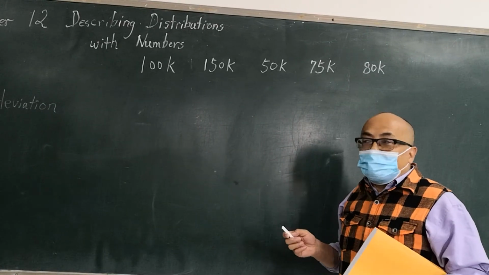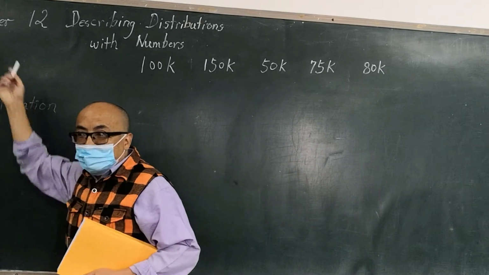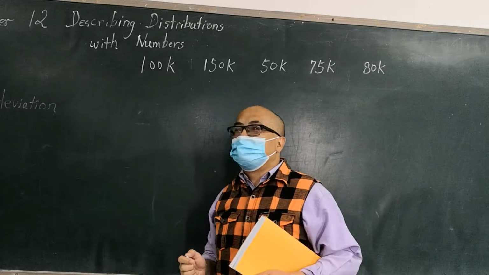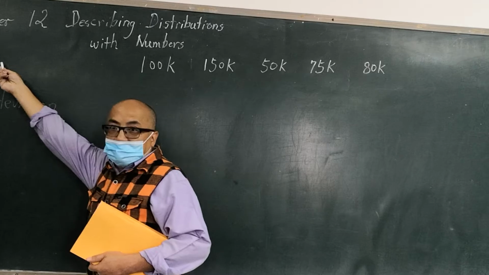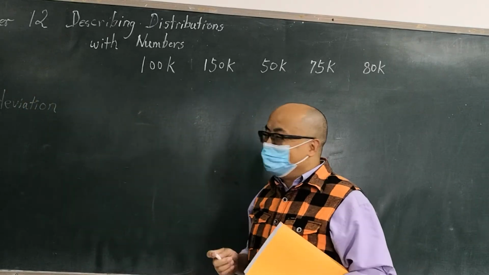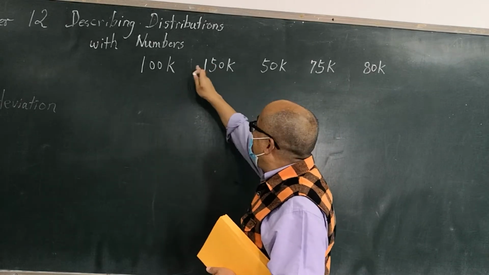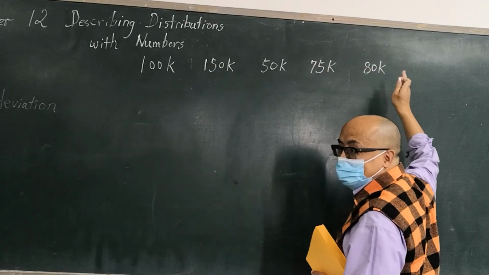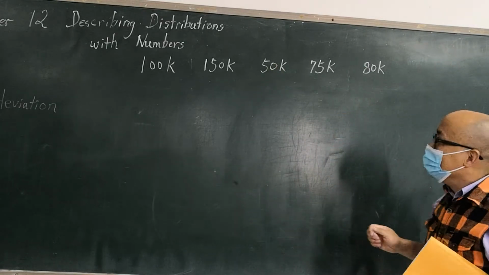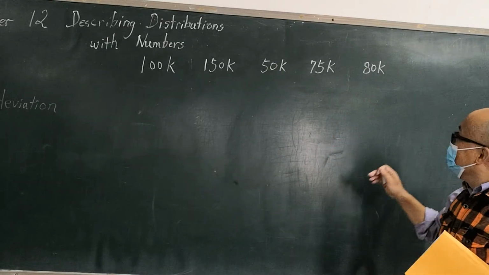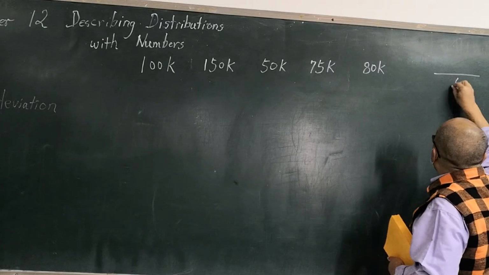Then we calculate their average, their mean. How do we get the mean? We add them up and divide by 5.